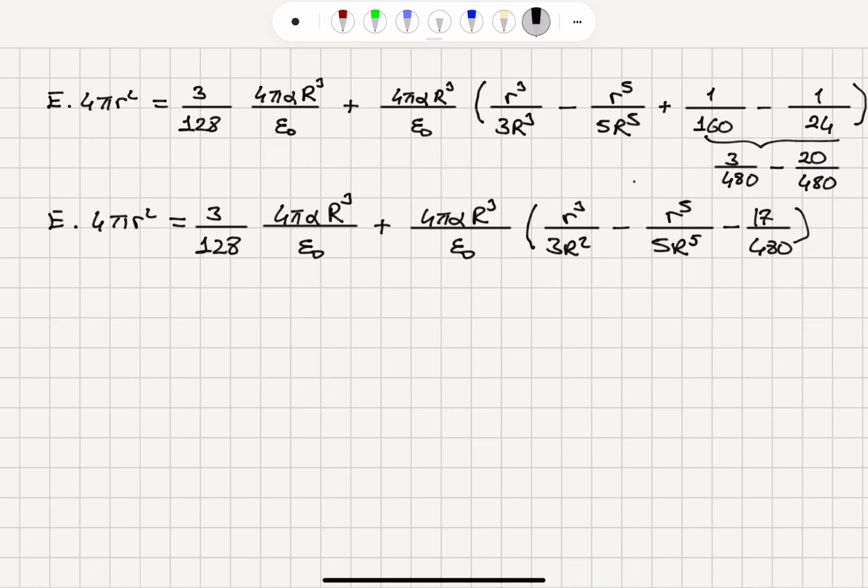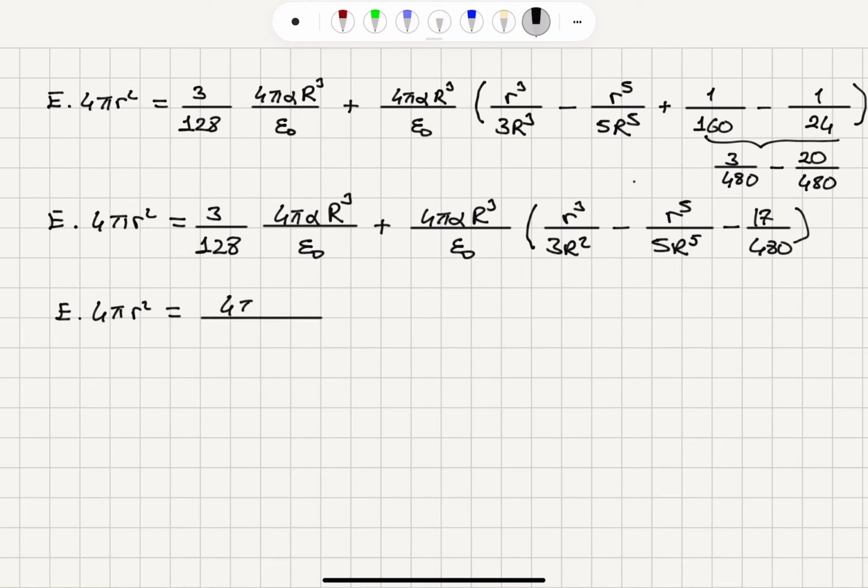So this will give me E times 4 pi R square is equal to 4 pi alpha capital R cube over epsilon 0. The first term here is 3 over 128. Then I have minus 17 over 480. Then I have R cube over 3 capital R square.